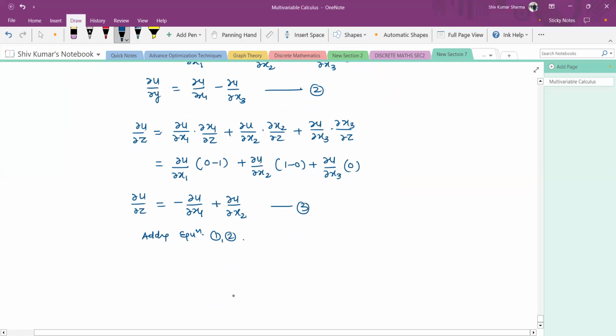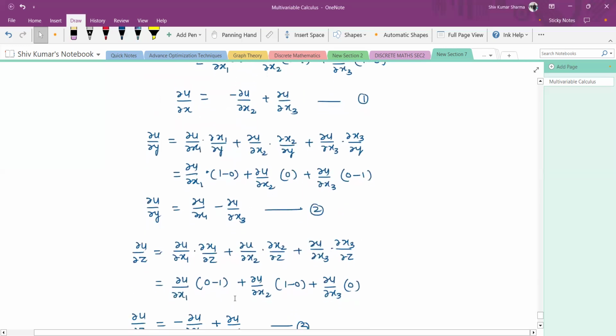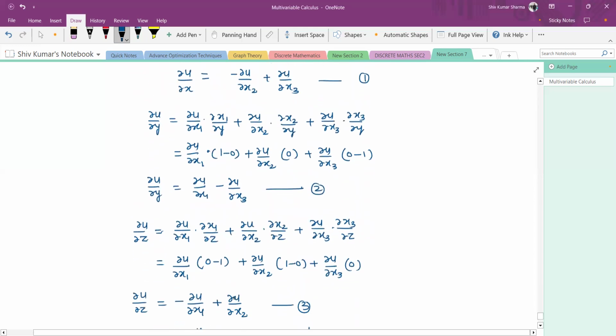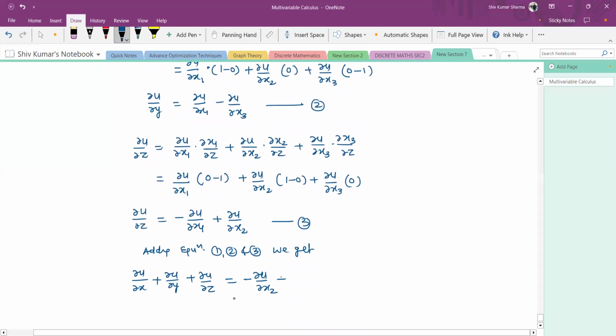We get del u upon del x plus del u upon del y plus del u upon del z is equal to minus del u upon del x2 plus del u upon del x3, plus del u upon del x1 minus del u upon del x3, minus del u upon del x1 plus del u upon del x2.